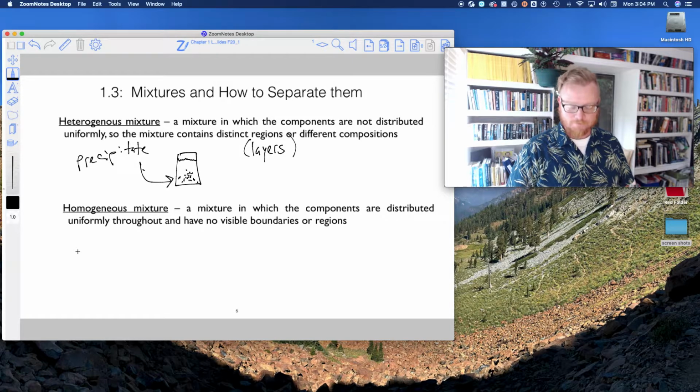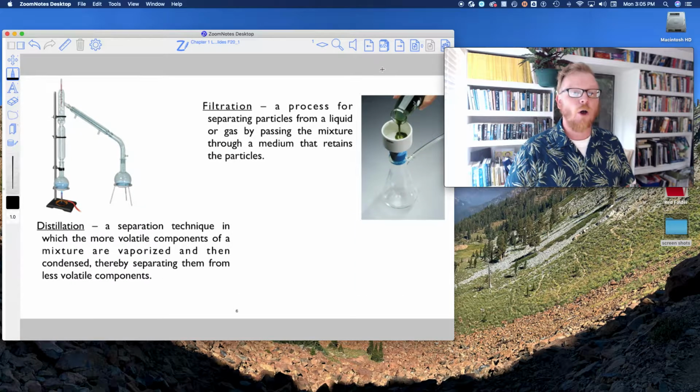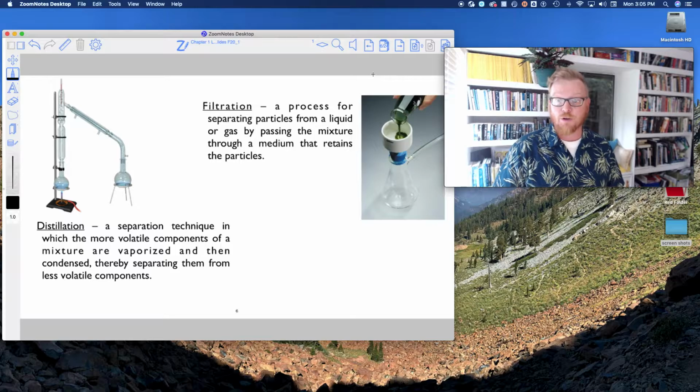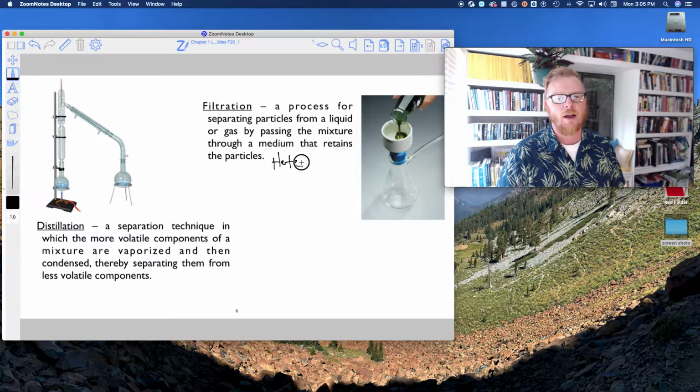All right. Moving along. So this is the process by which we can separate heterogeneous or homogeneous mixtures. Filtration is typically best used for separating heterogeneous mixtures.